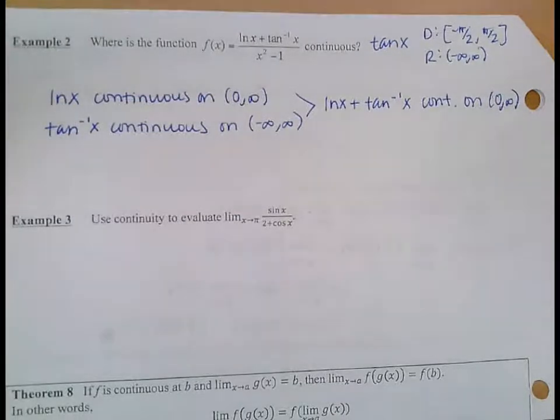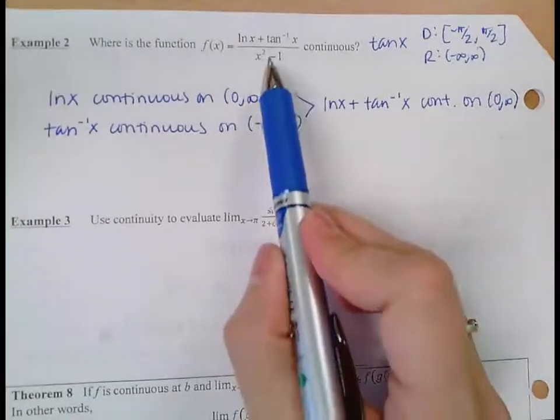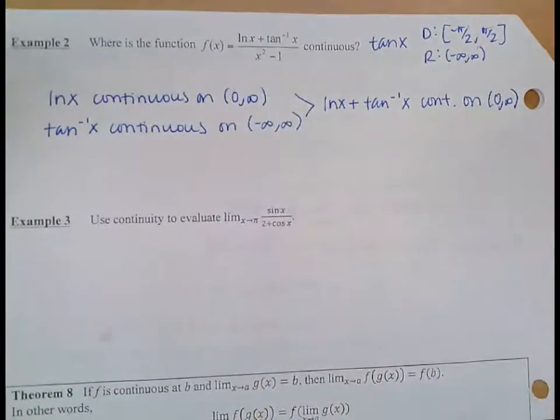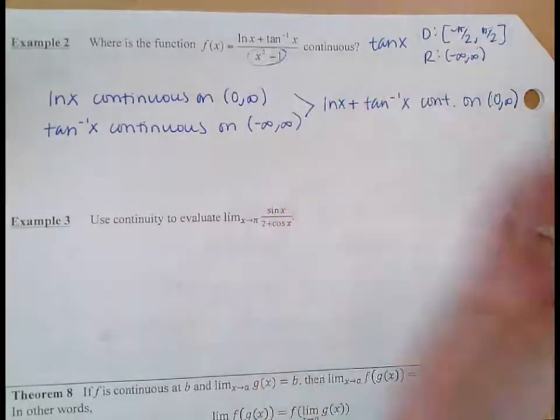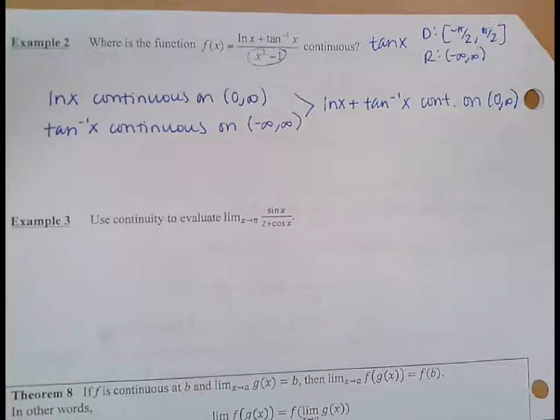And then in the denominator, since x squared minus 1 is a polynomial, this is continuous everywhere. But because it's in the denominator, that denominator can't be 0.